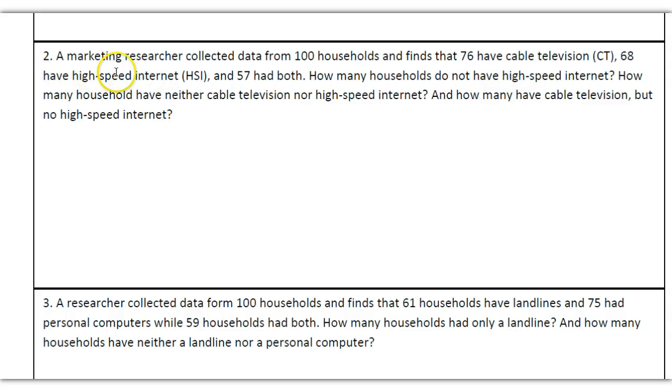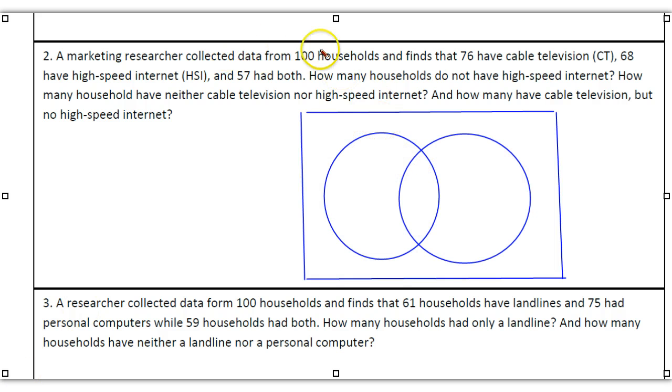So as we look at number 2, we're going to have data here, and it's 100 households. And I would suggest doing what we've done above, and let's see what you get. We had one very similar to this in our textbook.